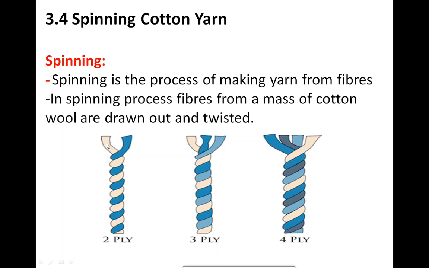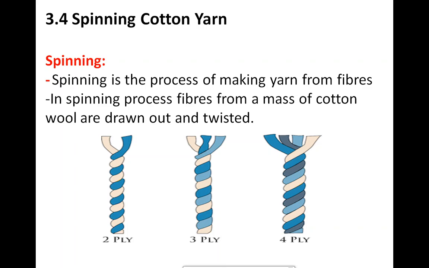Both are fibers. When we start twisting two fibers, we get our yarn. So this is one yarn. Then see the second yarn, third yarn; like that we make our yarn with the help of the spinning process.